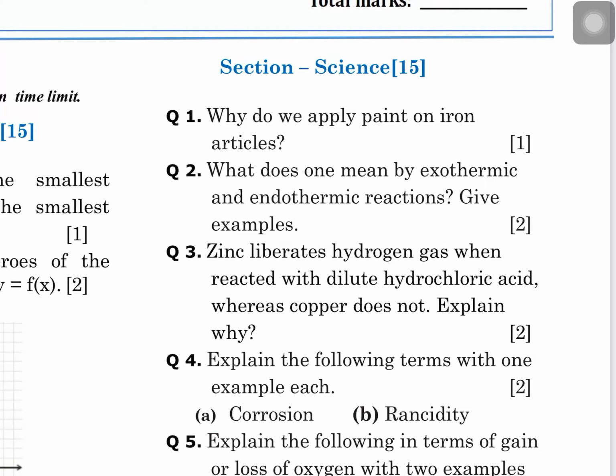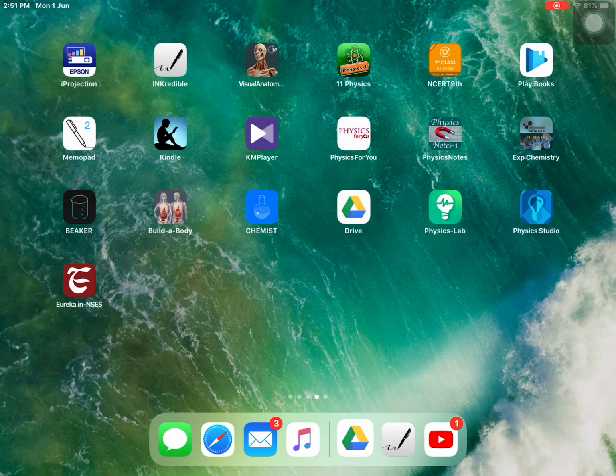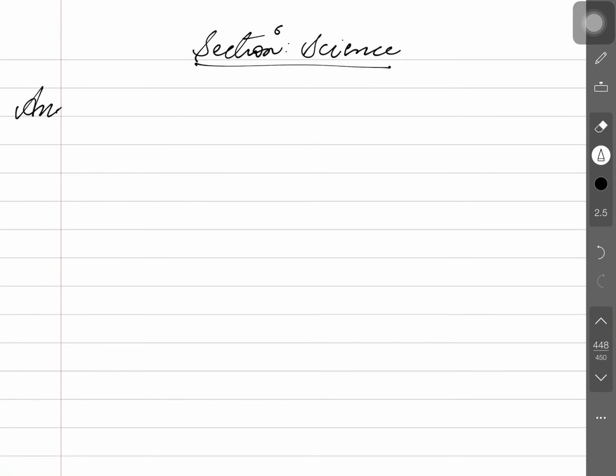One important thing in chemistry I want to tell you: when you are writing answers, you always have to write the chemical equation.